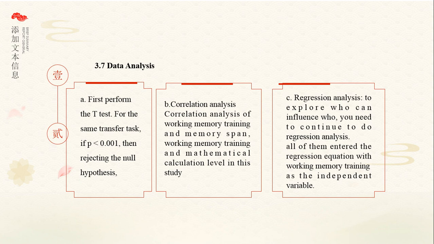And finally, the regression analysis, because to explore who can influence who, you need to continue to do regression analysis. All of them entered the regression equation with working memory training as independent variables. This is all the data analysis.